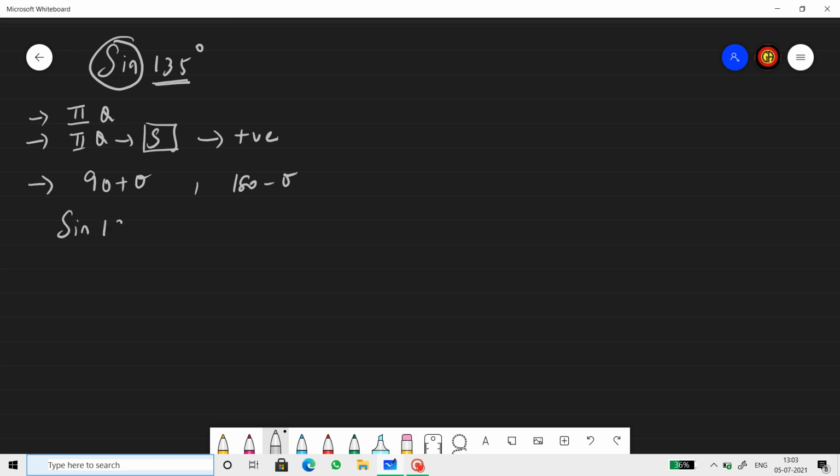Sine 135 degree, I will write it as sine 90 plus 45. 90 means odd multiples of 90, isn't it? The complementary theorem will get applied. So sine will change to cos. And since it's positive in the second quadrant, it's cos 45 degree. And the answer is 1 by root 2.